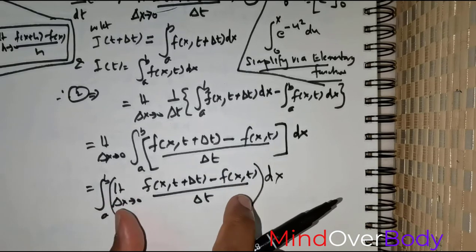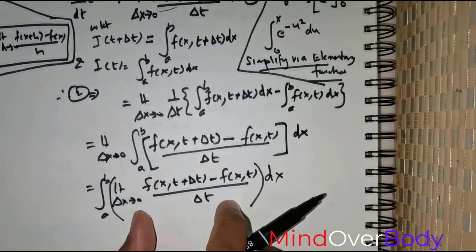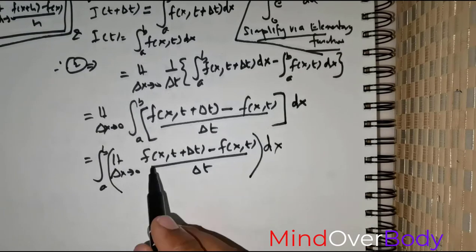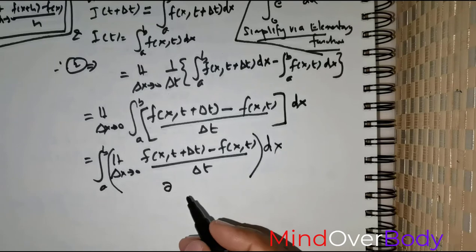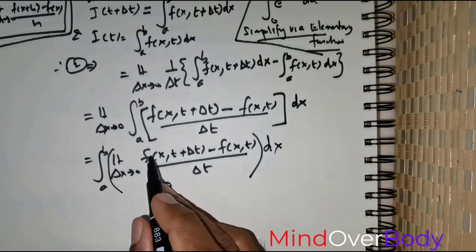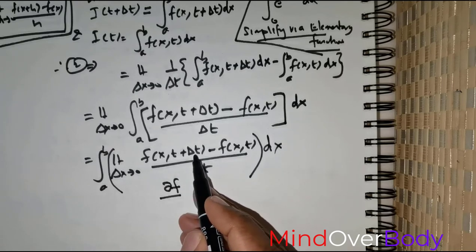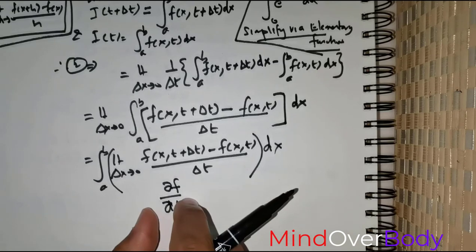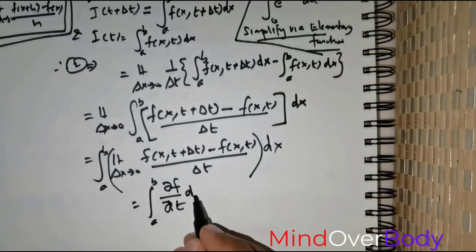Now what is this? This is the exact meaning of a derivative, using limit concepts. Since I have two variables x and t, I cannot use the total differential, so I will have to use the partial derivative. Since the given function is f, it's going to be dou f over dou t, since the increment is occurring for t, with the integral sign from a to b and the operator dx.